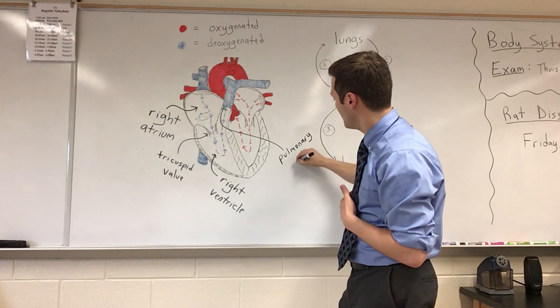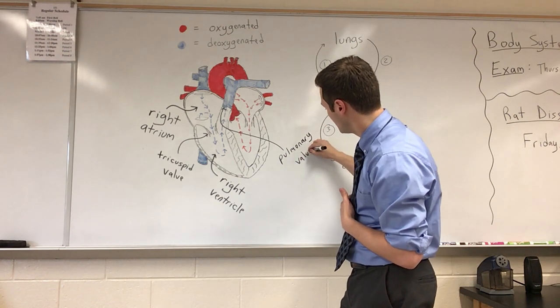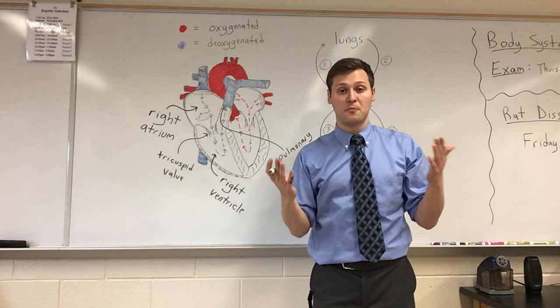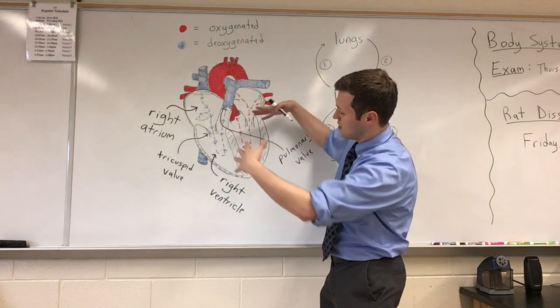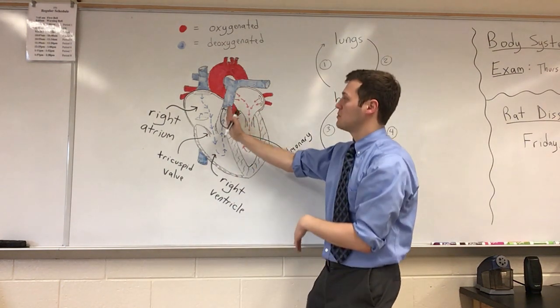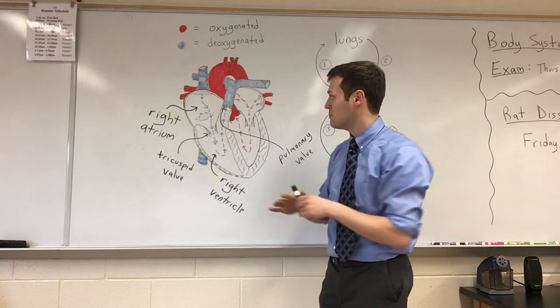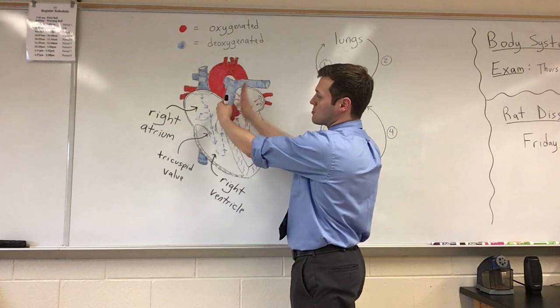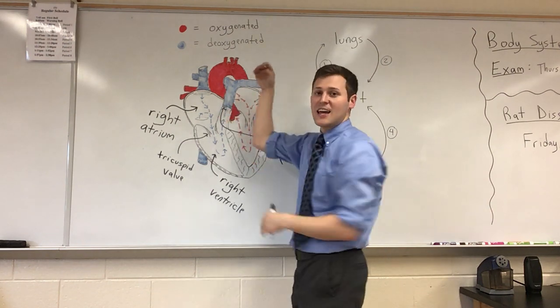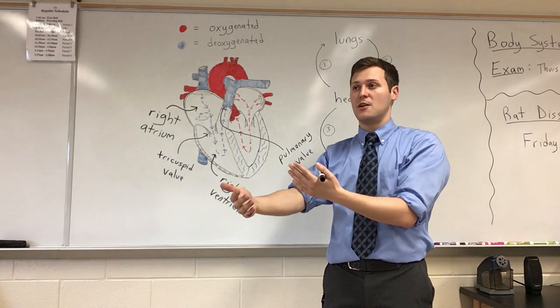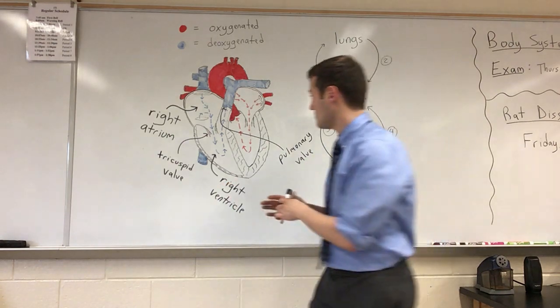That also prevents backflow of blood, but when the heart contracts, it pushes the blood through the pulmonary valve into this vessel, which we'll talk about in a second. But as soon as the blood is through there, it snaps shut, preventing any backflow of blood. So valves in general prevent blood from flowing backwards.